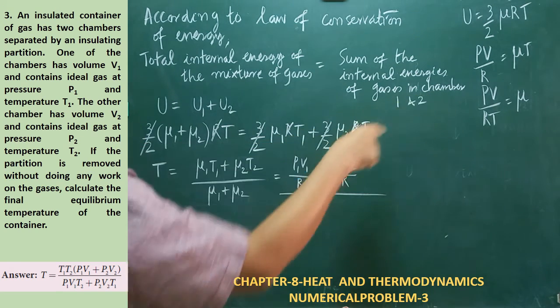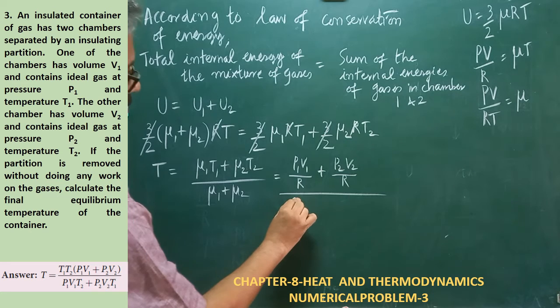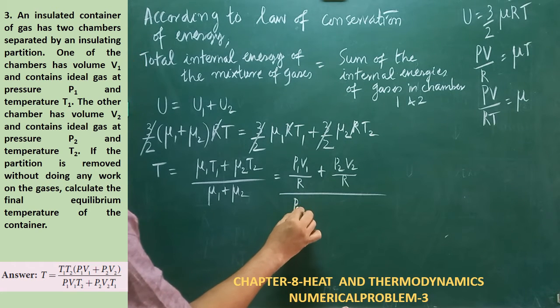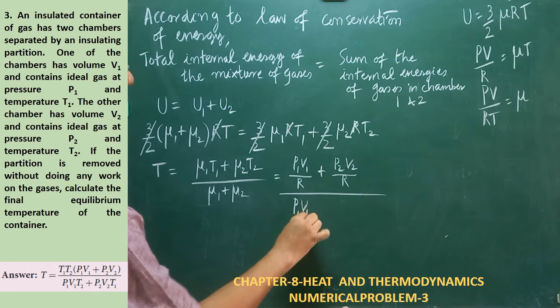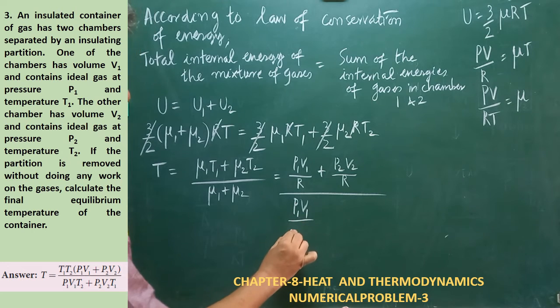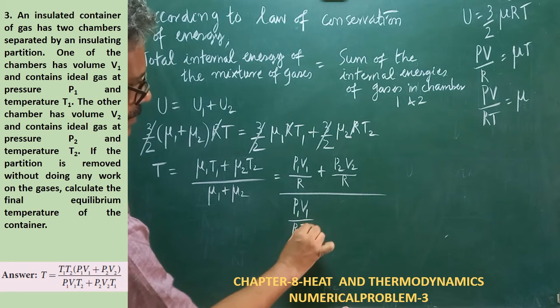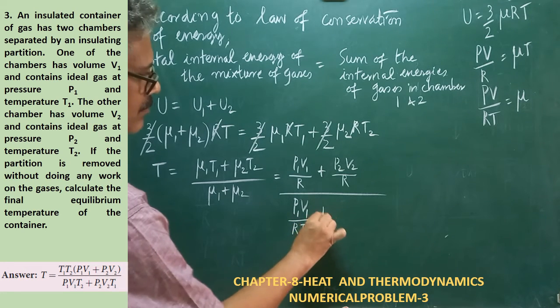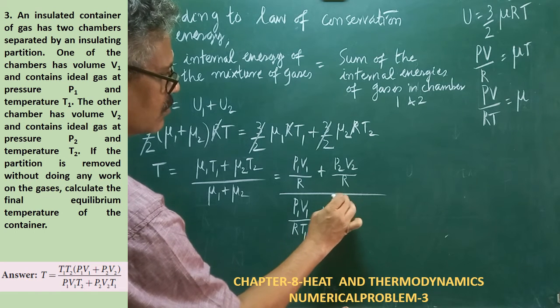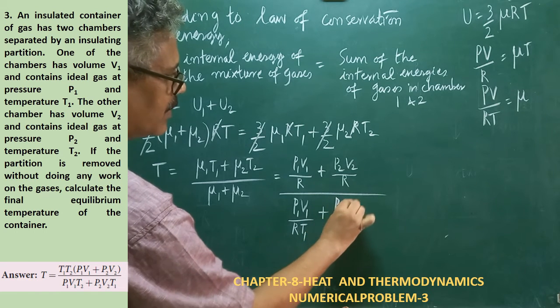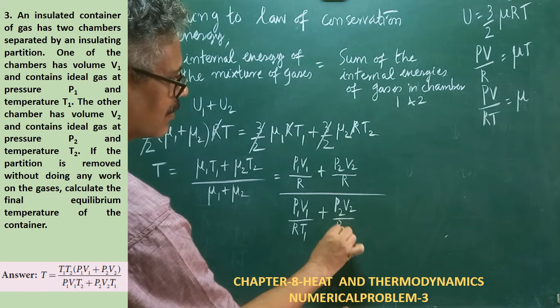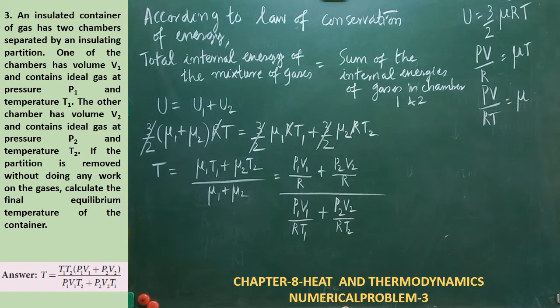That mu can be replaced by PV by RT. So for the first chamber, P1 V1 divided by R T1 can be written, plus P2 V2 divided by R T2.